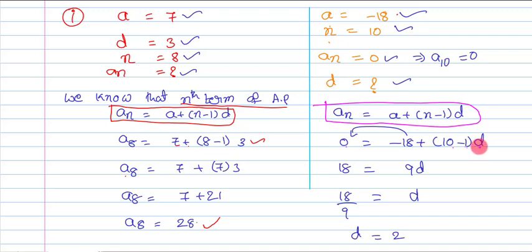Then we need to find d. Transposing the negative 18 to the other side of the equation, it becomes positive. So 18 is equal to 9d. From this, d is equal to 18 by 9. 9 ones are 9, 9 twos are 18. So we get d is equal to 2.